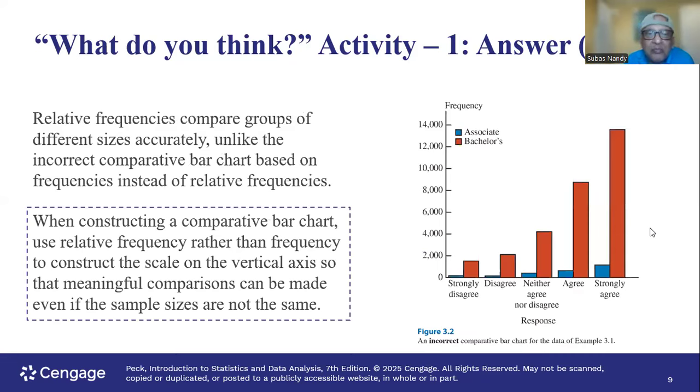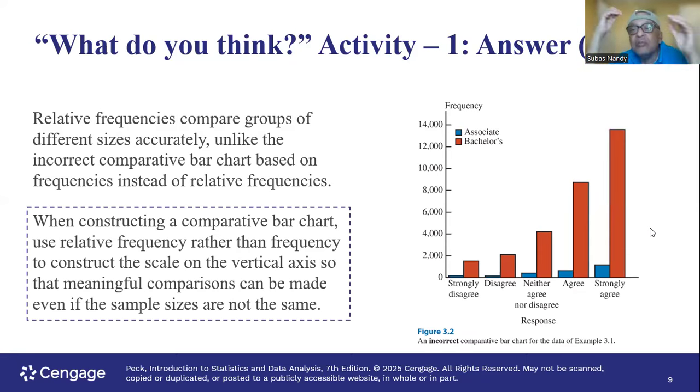Relative frequencies compare groups of different sizes accurately, unlike the incorrect approach. So, as I told you, you cannot compare the associate degree with the bachelor's degree if you just took the frequency by itself, that is the height of the bar in this case, or just the frequency or count in each class. Why can you not do that?